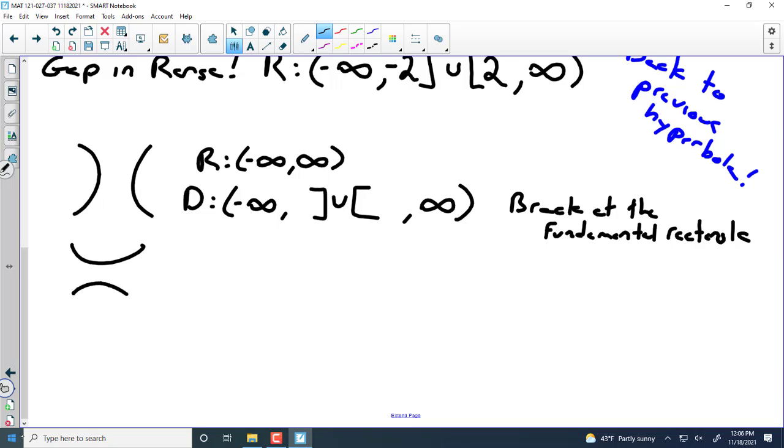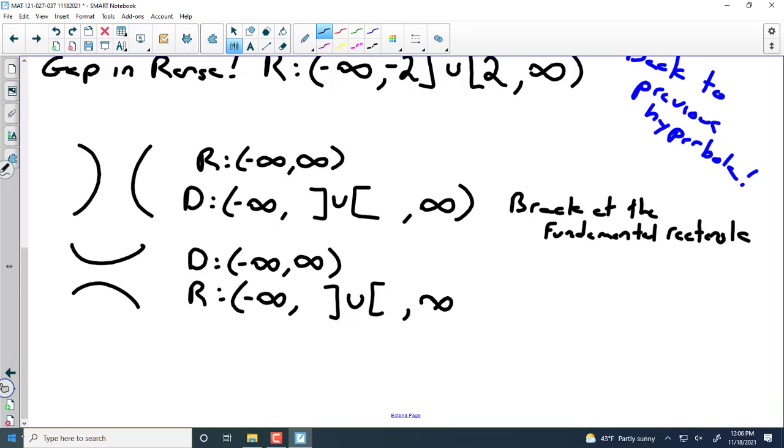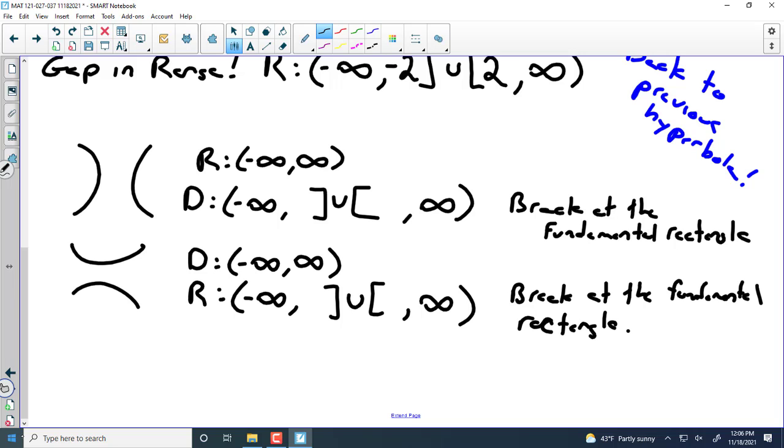And if it goes like this, then the domain is negative infinity to infinity. The range is negative infinity to something, and then something to infinity. But it takes a break at the fundamental rectangle.